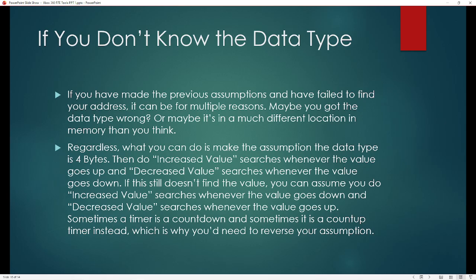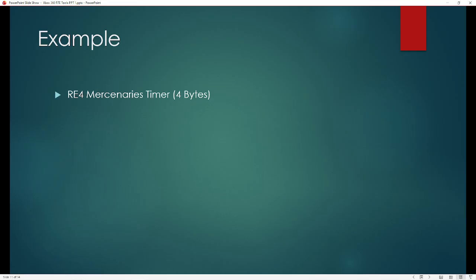I'll give an example. Let's try the Mercenaries timer. It shows you a timer that starts at like 2 minutes and then drops further down. I think this is a countdown timer, but it might show you a countdown, but in actual memory, it could be a count up.